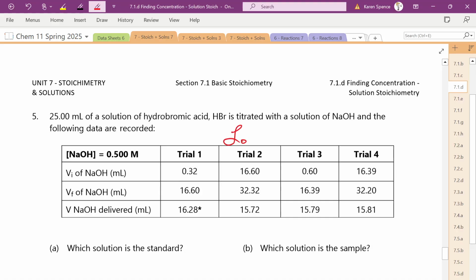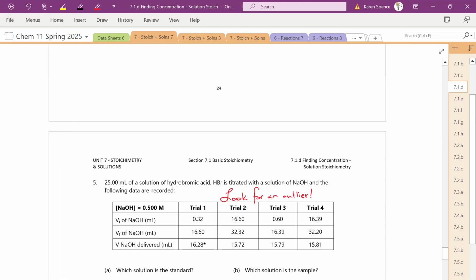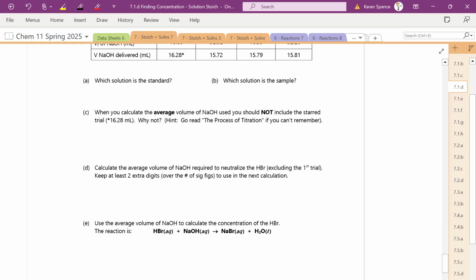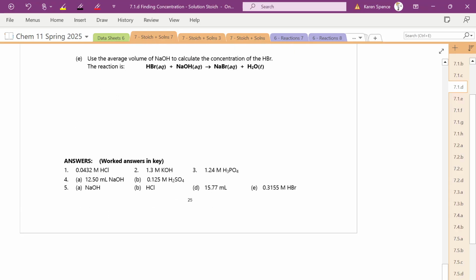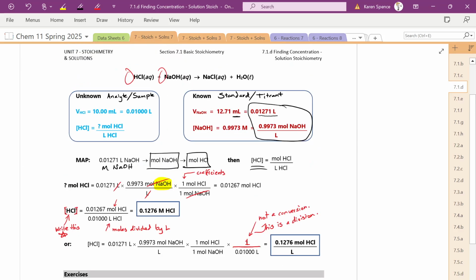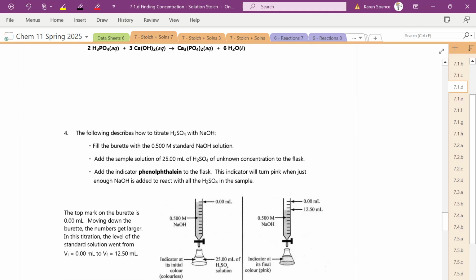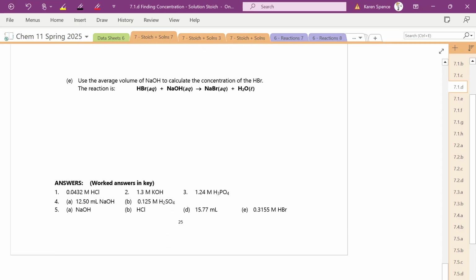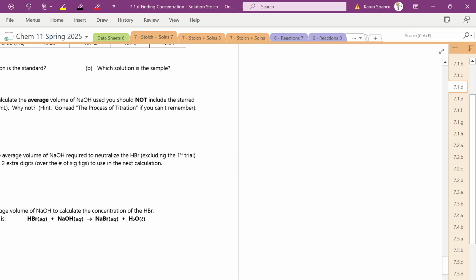Look for an outlier. All right, so you guys for homework are going to be completing the questions for 7.1D. That is pages 23 to 25. Okay?